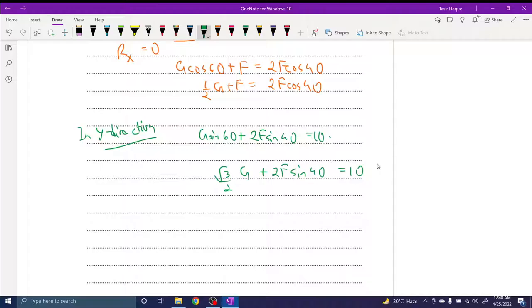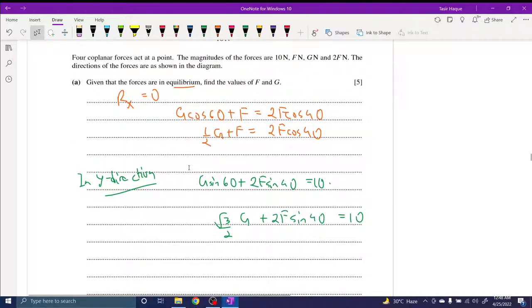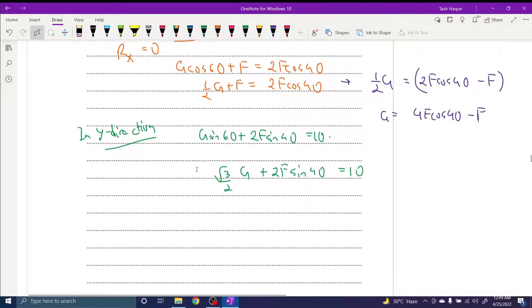So let's solve this. We can basically use substitution. I'm just going to rearrange this equation over here. Half G is equal to 2F cos 40 minus F, or G is equal to 4F cos 40 minus 2F. So I'm just going to substitute this over here: root 3 by 2 into 4F.